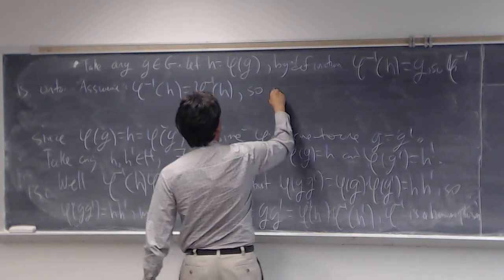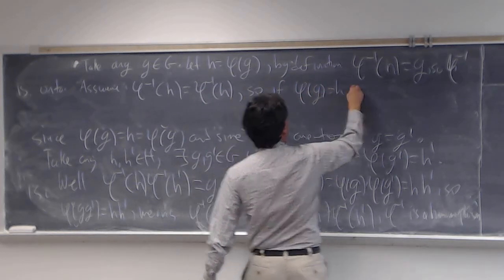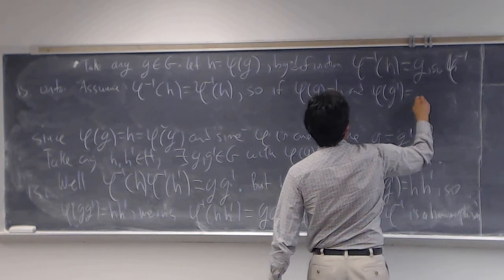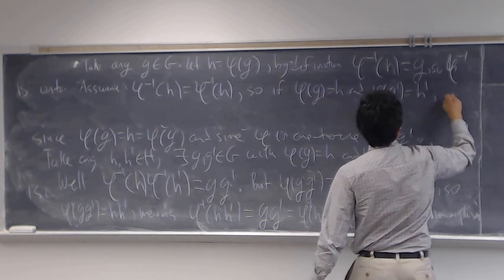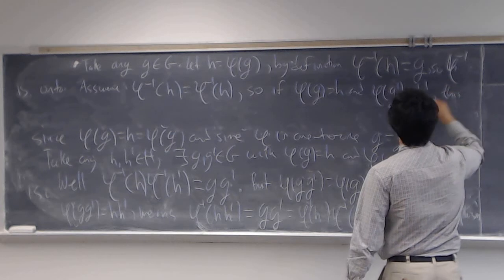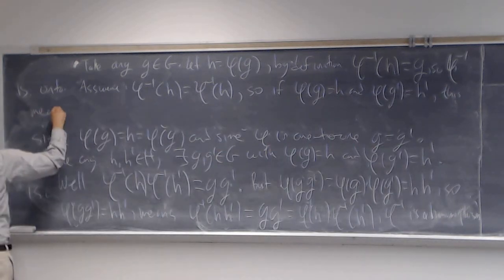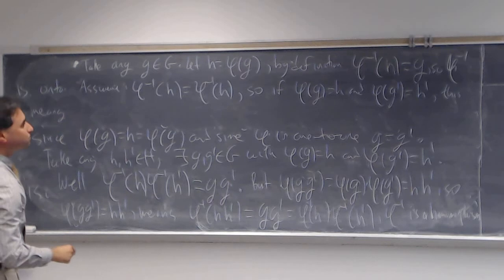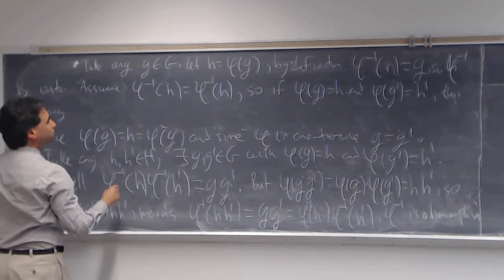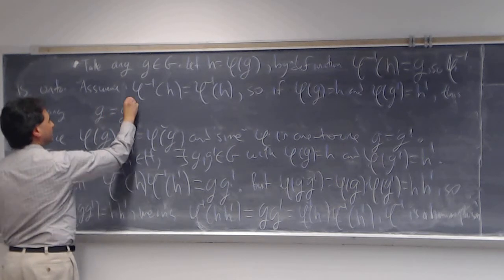So that means, if phi of g equals h and phi of g prime equals h prime, this means g would have to equal g prime.